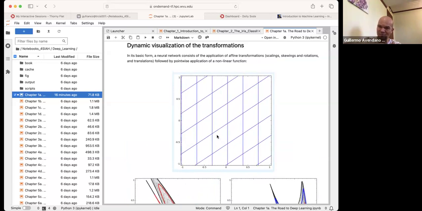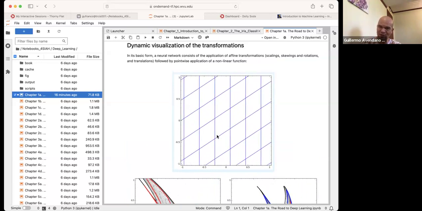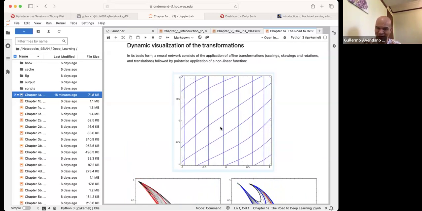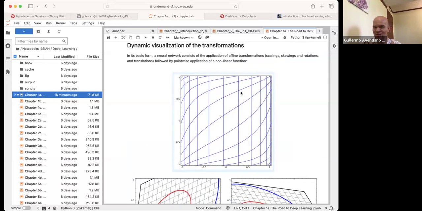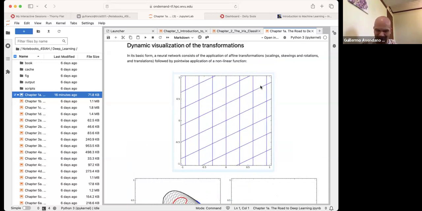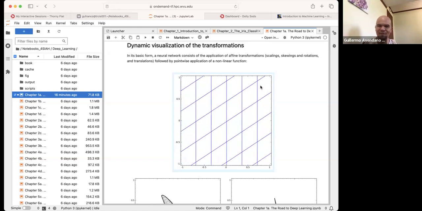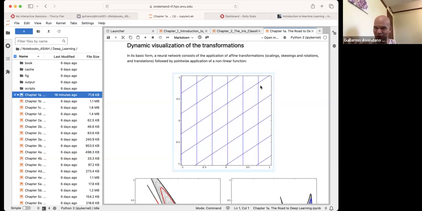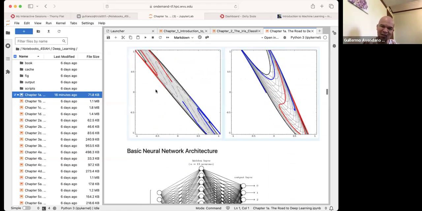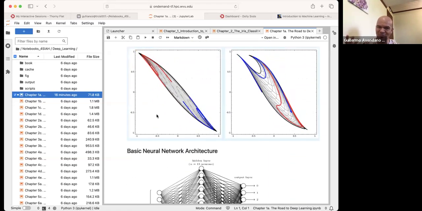I am just rotating, skewing, amplifying. And at some point, I introduce the nonlinearity, and you see the straight lines start becoming twisted, start becoming deformed. That is the magic of neural networks. No more than that. Here is another way of presenting what we do.